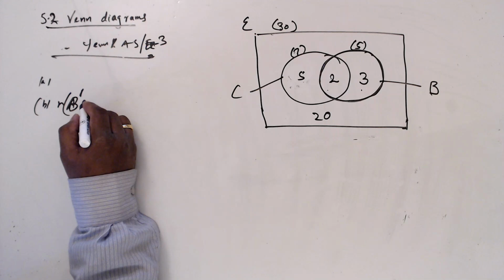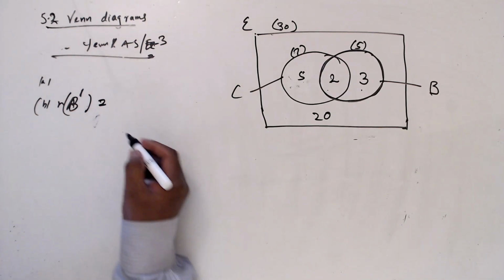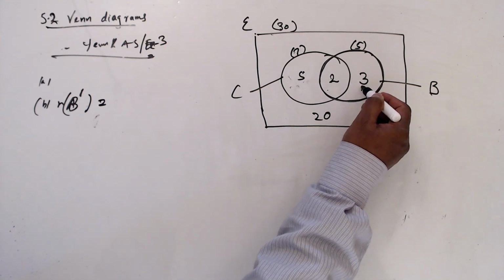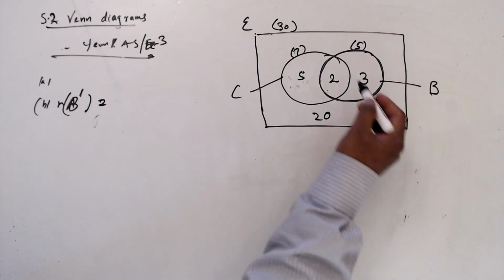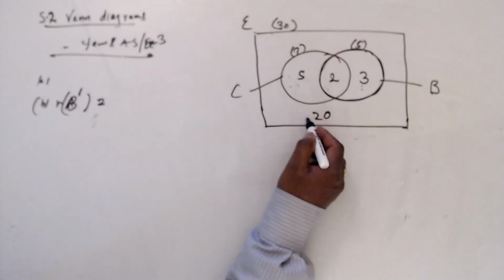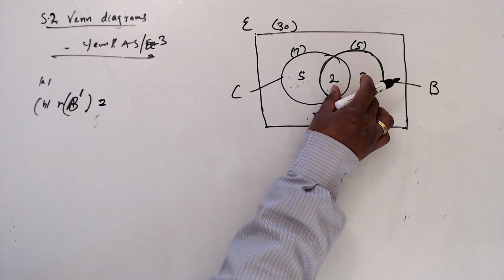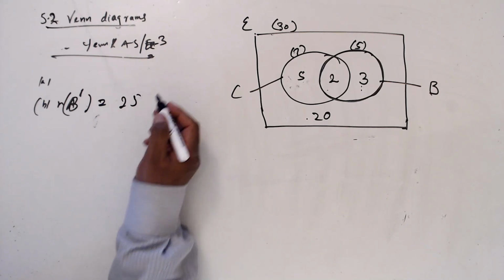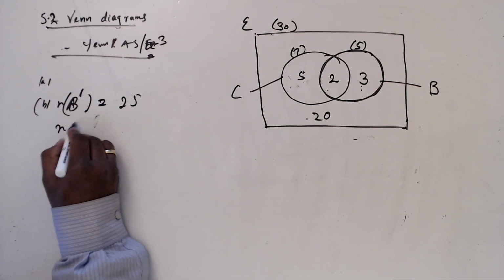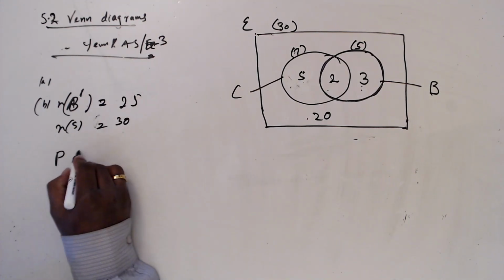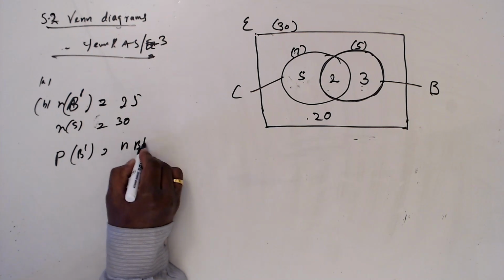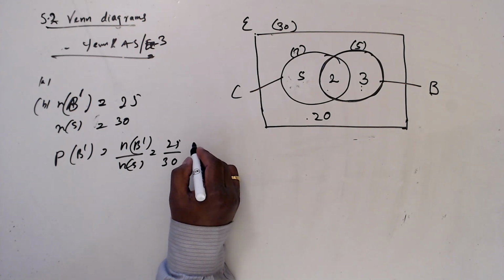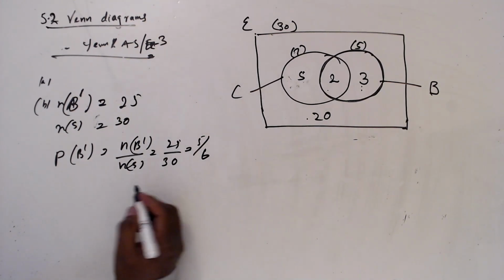So this is N(B'). N(B') means, only B is 5. Then 30 minus 5 is 25. Or you can add these areas: 20 plus 5 is 25. Then the total N(S) is 30. What is P(B') now? N(B') over N(S), 25 over 30, so the probability is 5 over 6.